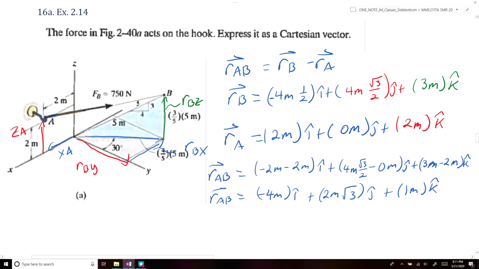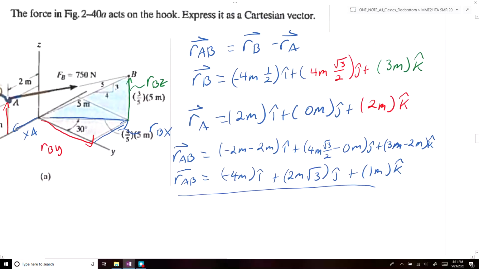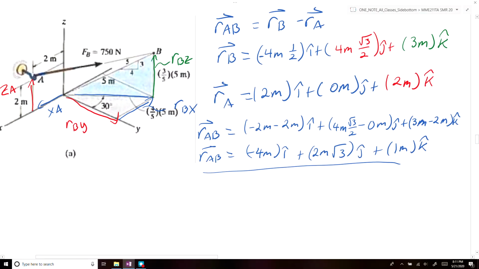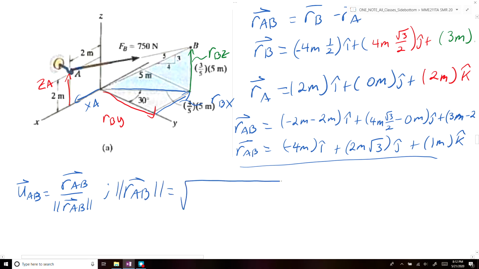Once we have RAB, we need to calculate the unit vector. We know the unit vector from point A to point B is equal to the vector RAB divided by its magnitude. So we need to calculate the magnitude of RAB first, which is the square root of the sum of the squares.